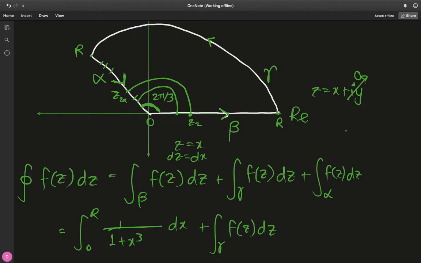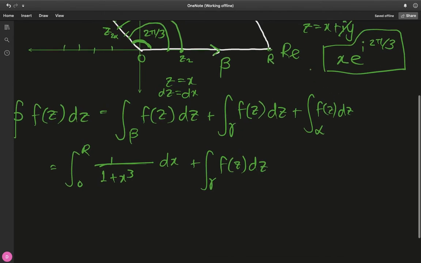And the way to do that is to have x, because that's what the parameterization for beta was, no imaginary components, multiplied by e to the I times the angle of rotation, 2 pi over 3. And you can check if the angle subtended was pi radians, we would have points on the negative axis, x times e to the I pi, which is -1, so negative x, so that makes sense. This is a general way of representing points on alpha.